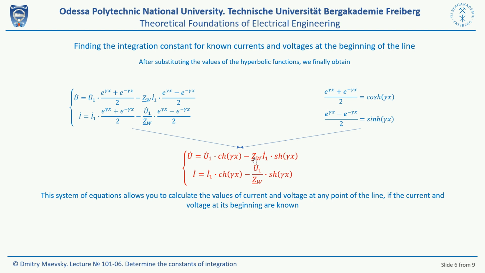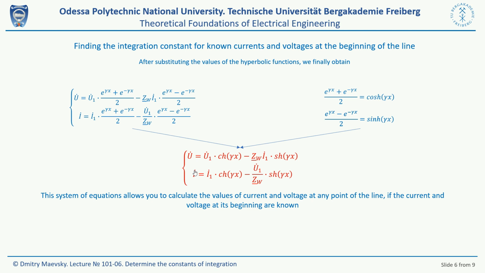In our equations, the spatial coordinate x is visible explicitly, while time is hidden in the complexes of voltages and currents. We will return to a more detailed analysis of the obtained equations.